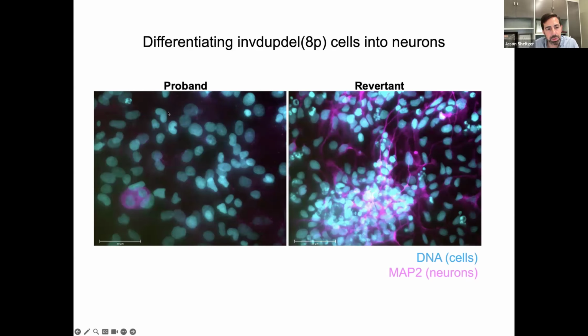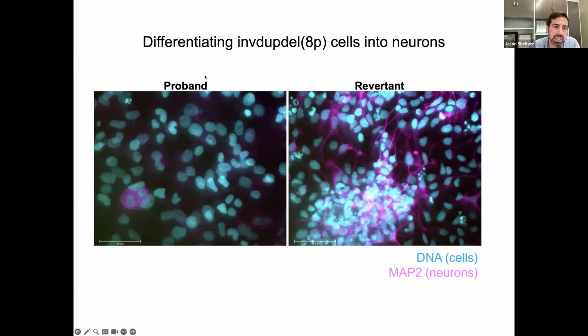The turquoise blue staining in these pictures is DNA. These are cell nuclei, so this just allows you to see all of the cells. And then the pink staining is MAP2, which is a marker for neurons. So basically, the more pink you see in these pictures, the more neurons were produced.